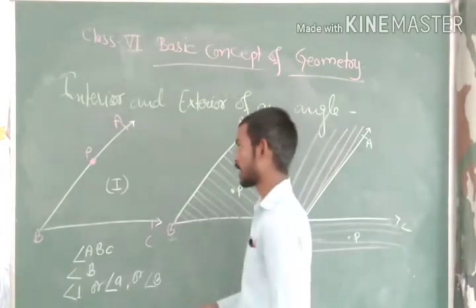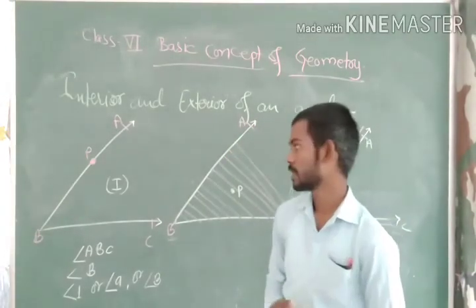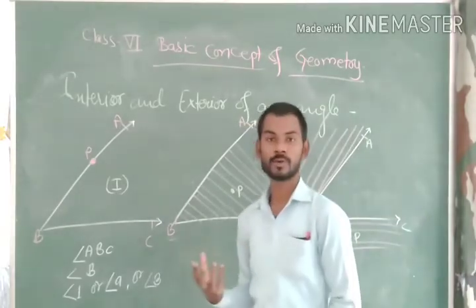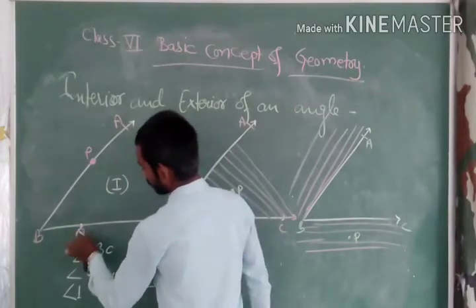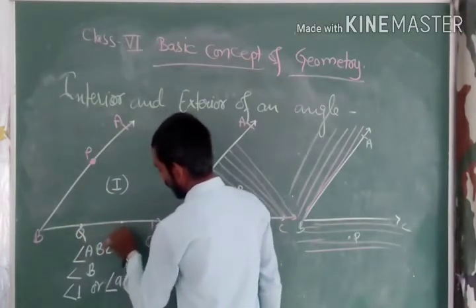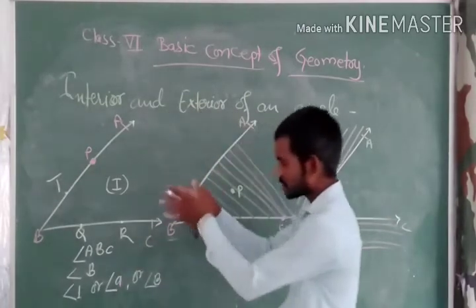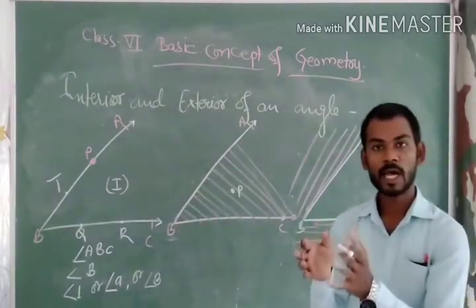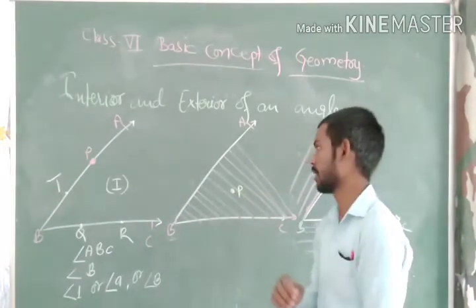Suppose many points are given, Q, R, P, and they are in the same condition, then all these points are known as lying on the angle.